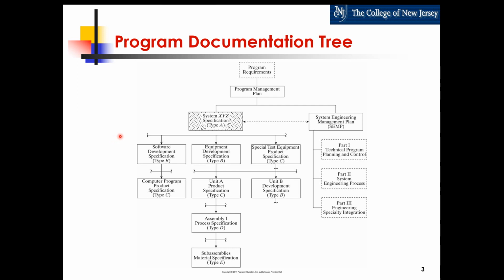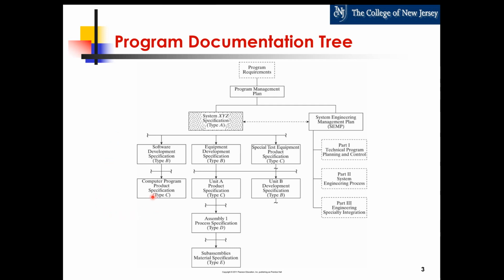I have a slide next with more details on these specifications. But type B and type C are subsystem and equipment level specifications that have some similarities, and you can tailor them towards the hardware or the software.